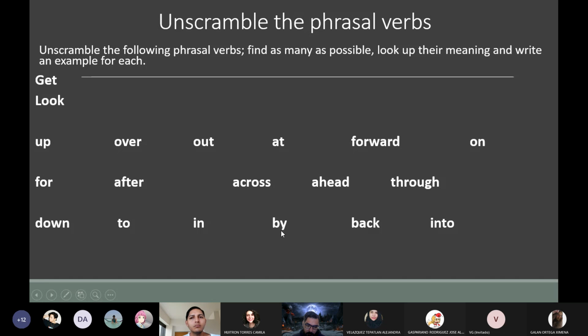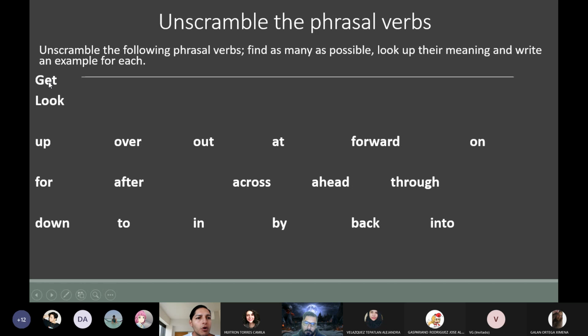Well, the meaning is to survive with a small amount of money. It's not the same to learn to get out, which means to leave, as to learn to get on by and to know how to use it, and to know that it means to survive.